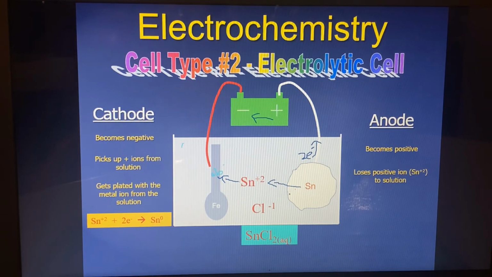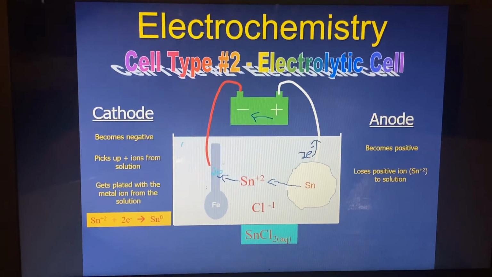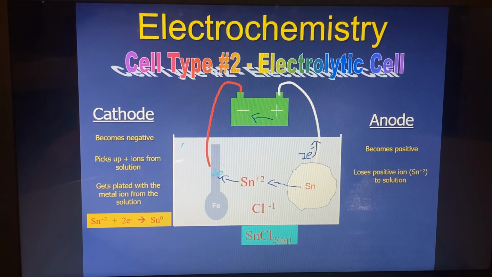So for lack of drawing more, basically every time a tin ion is pulled out of solution over here, as long as there's still a source of tin here, a tin ion will be put back into solution over here. So the overall number of tin ions in solution doesn't change. And that's critical. And as long as you have some solid tin left, if you run out of all your tin, then that doesn't take place.